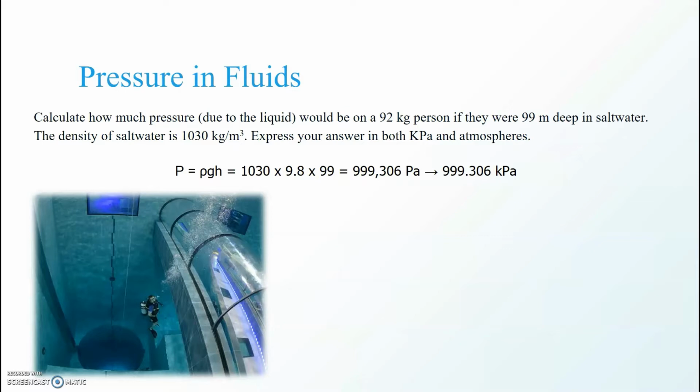We divide that by 1,000, and that gives us 999. We'll round to 1,000. It's basically 1,000 kilopascals worth of pressure. If we were to divide that by our atmospheric pressure of 101,325 pascals, it gives us 9.86 atmospheres.